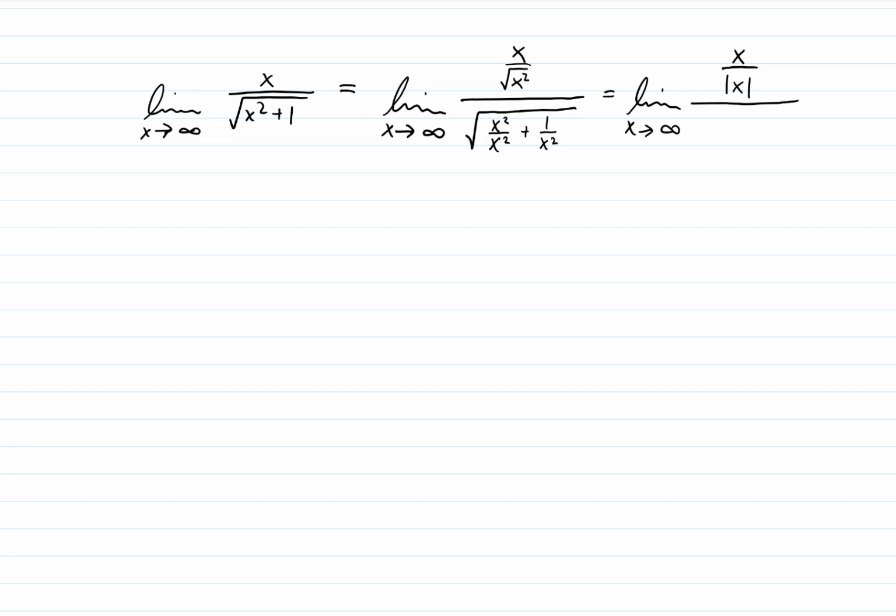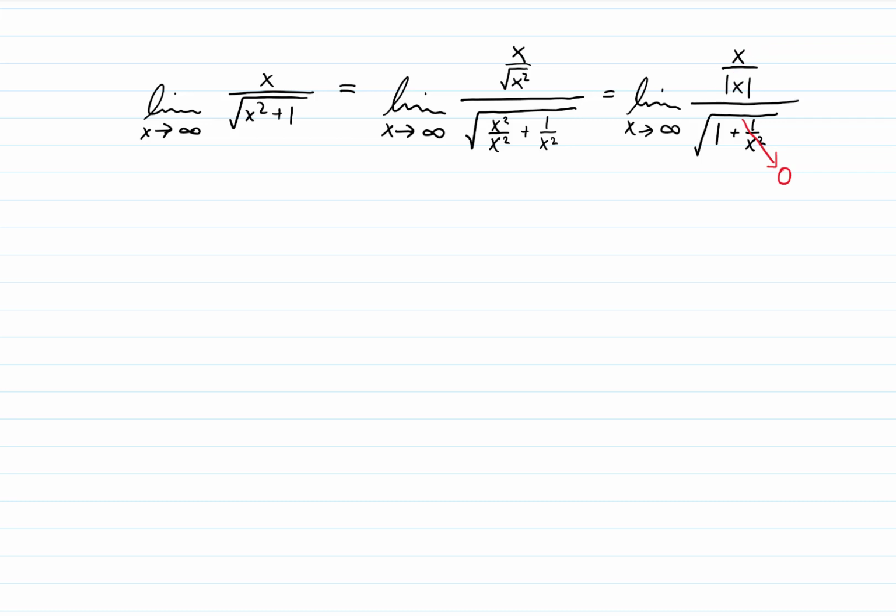Okay? Let's look at the bottom. What's x squared over x squared? It's 1. And what's 1 over x squared? It's 1 over x squared. Now we let x go to infinity. This fraction disappears. This fraction, what does it approach? Well, not even approach, actually.